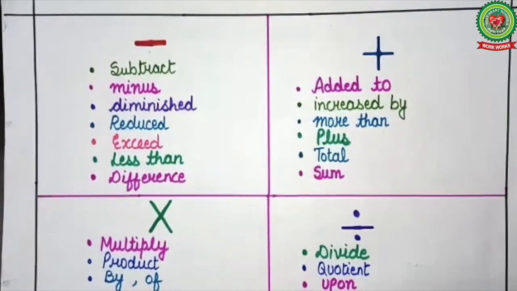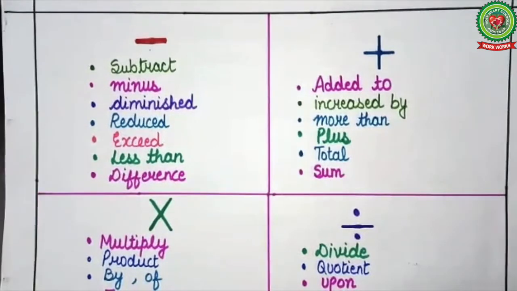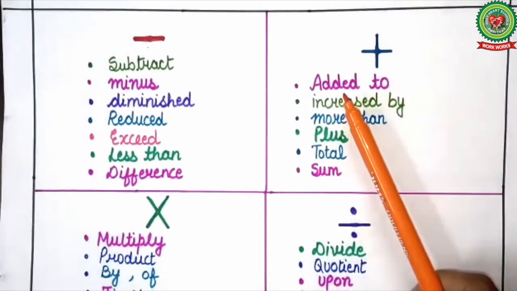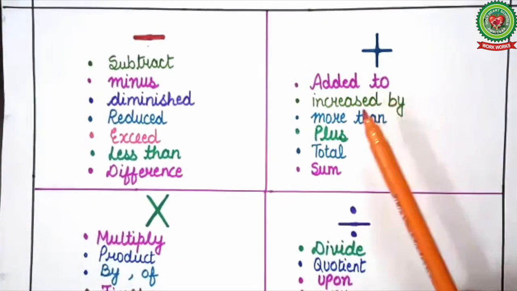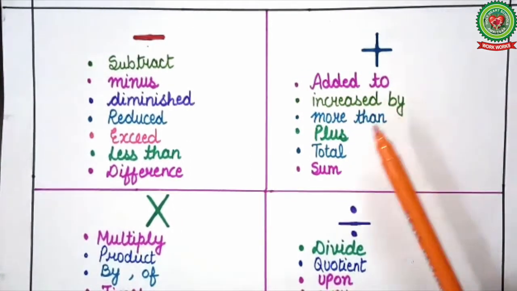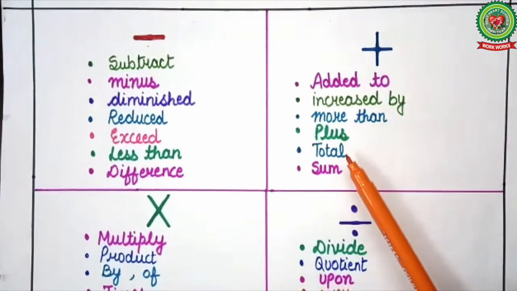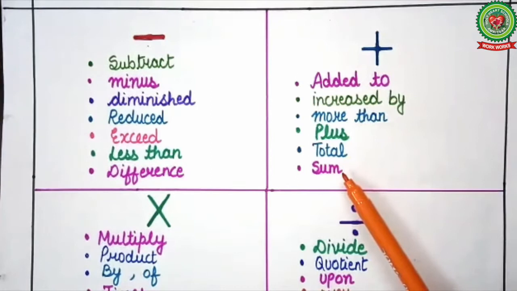So here we have a few words which will help you to choose one mathematical operation out of 4. For plus, words will come: added to, increased by, more than, plus, total, sum.